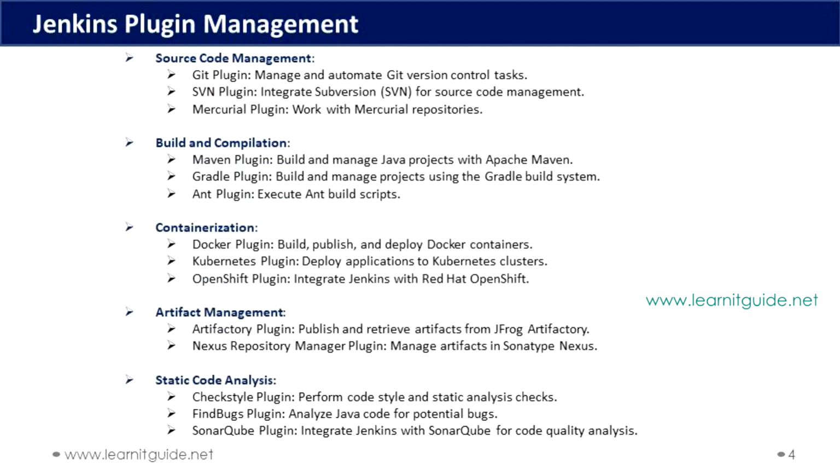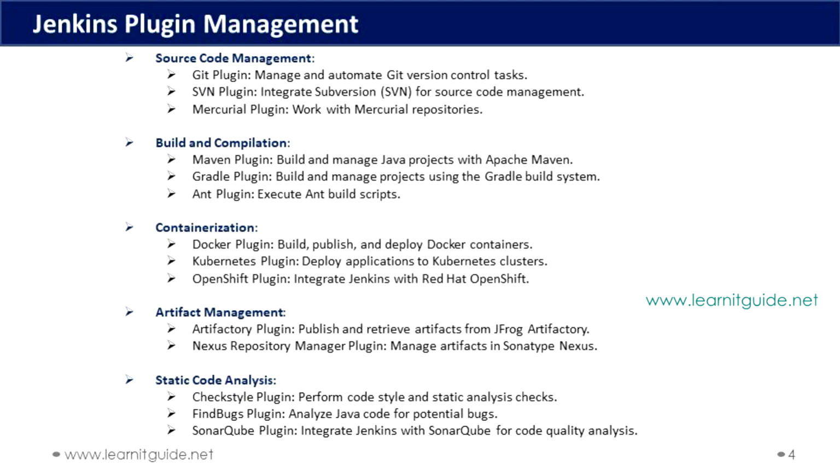Let's quickly go through some of the plugins we mostly use for CI/CD automations. So here I have consolidated the plugin names along with the categories. For example, for source code management, you have plugins called Git plugin, SVN plugin, and Mercurial plugin.